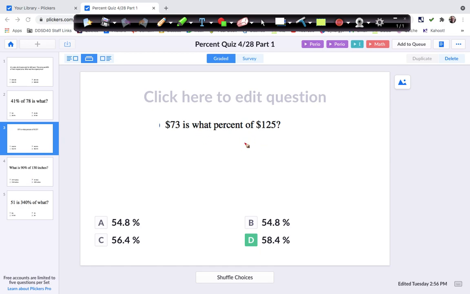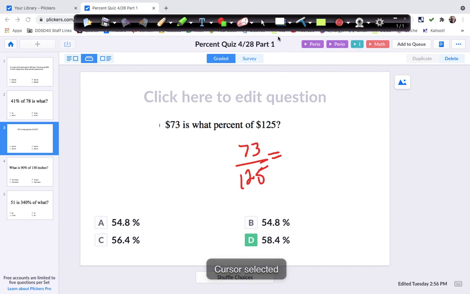Well, I'm going to do it again just in case. 73 over 125. And 73 divided by 125 is 58.4. Yeah, we did this one. Okay. So the numbering was just off a little bit.